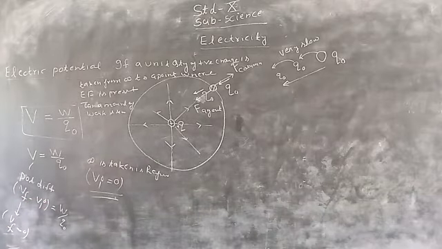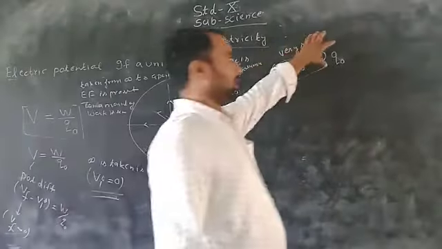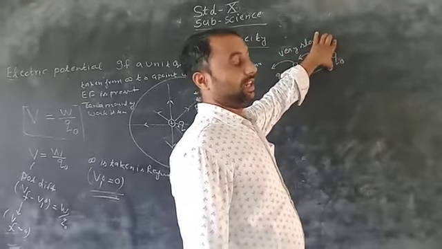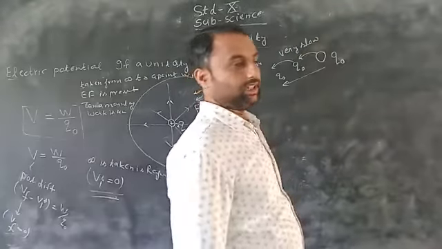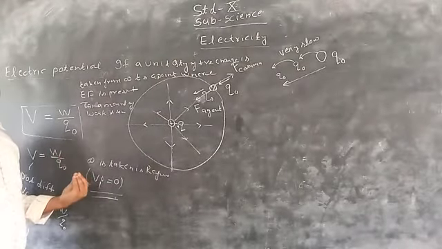If we take a reference point and that reference point is considered at infinity, the potential assumed at that particular point is 0, and here we have to recognize that infinity is always taken as 0 potential. This is the basic line we have to remember here.